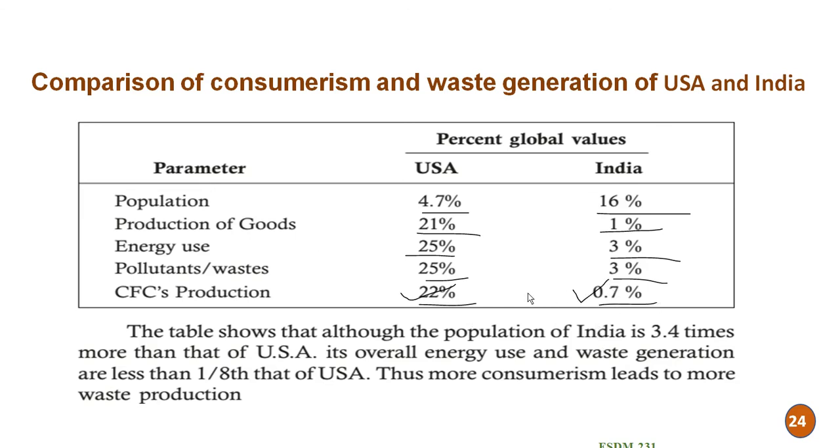So this is the perfect example of consumerism, and this table shows that although the population of India is 3-4 times more than the USA, its overall energy use and waste generation are less than 1/8 of the USA. We can see here. Thus, more consumerism leads to more waste production.